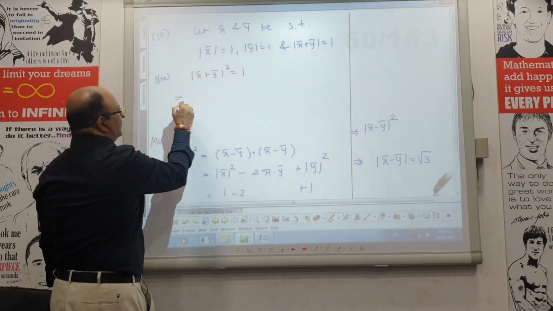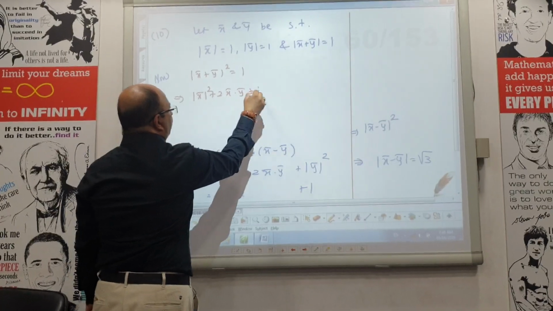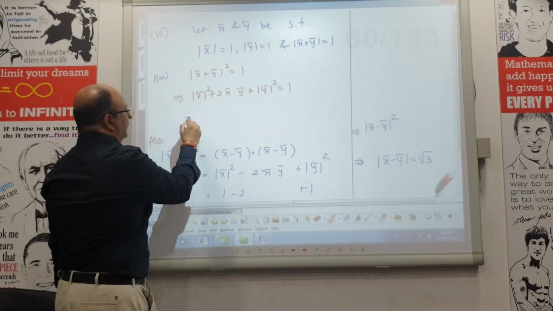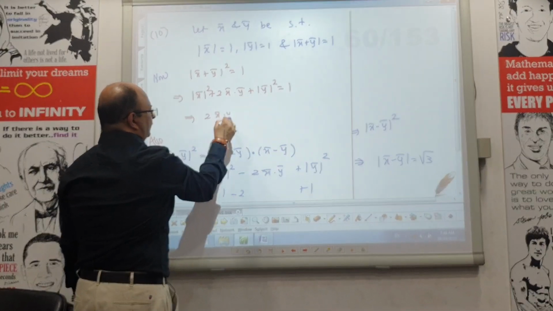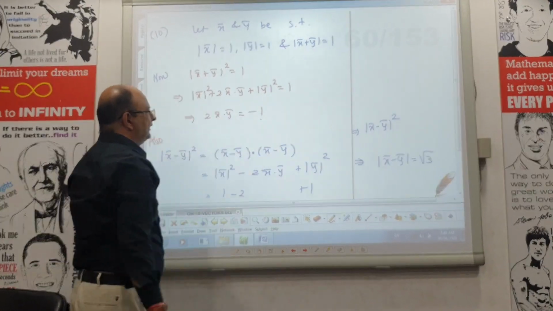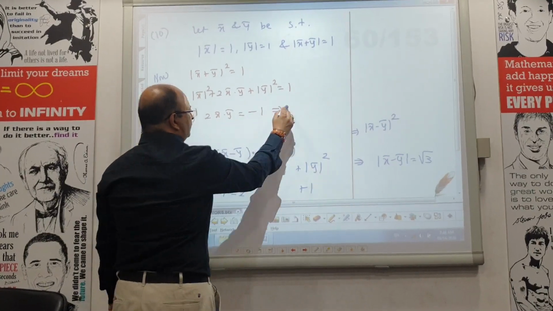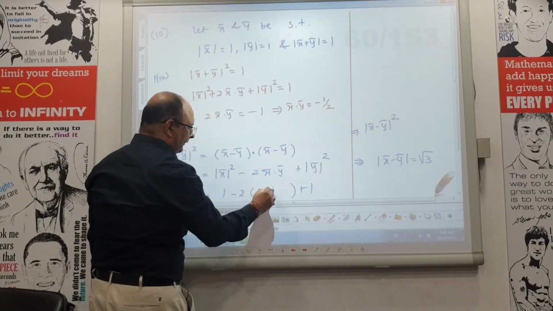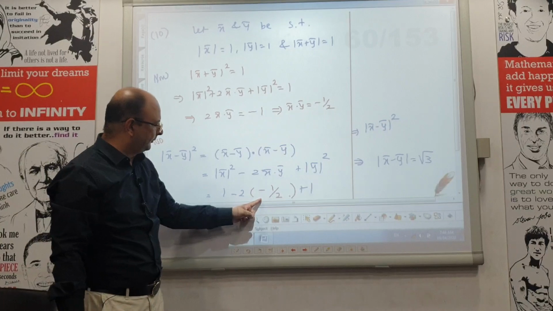Just like this, it is mod x bar square plus 2 x bar dot y bar plus mod y bar square is 1. Mod x bar square is 1, this is also 1. So 2 x bar dot y bar, 1 cancel and this one goes on the right side. So x bar dot y bar is minus 1 by 2. Yeah, x bar dot y bar is minus 1 by 2.